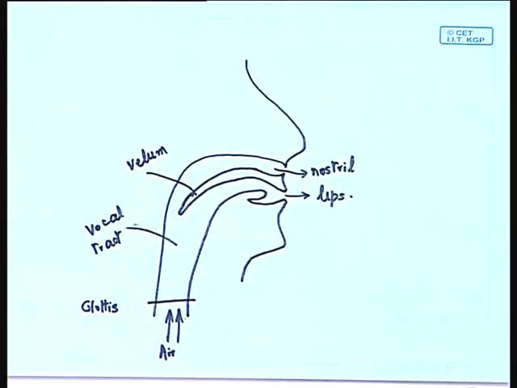Now, vocal tract is a very interesting kind of an organ, in the sense that it is a filter like thing, whatever pulses are fed through this glottis, the vocal tract effectively does a kind of spectral shaping to those pulses which are produced.